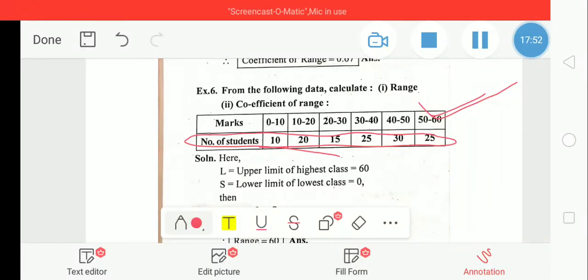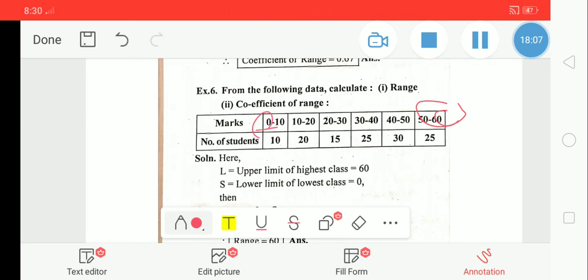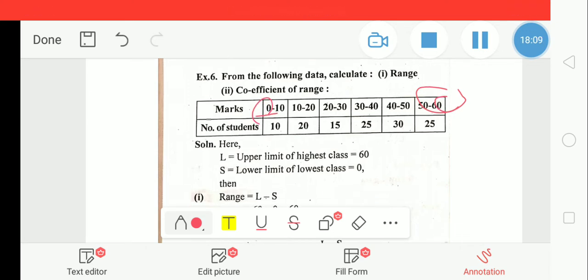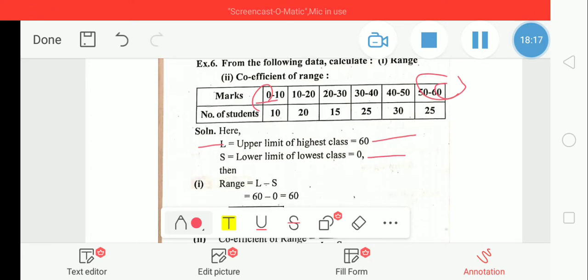For grouped data, range is the upper limit of the highest class minus the lower limit of the lowest class. So L is the upper limit of the highest class, that is 60, and S is the lower limit of the lowest class, that is 0.